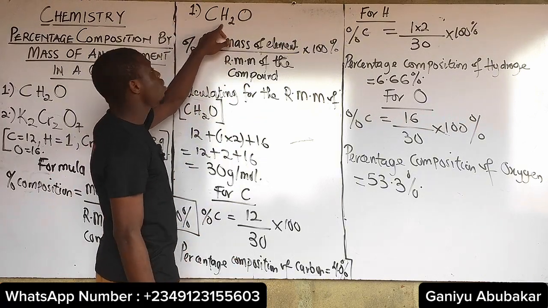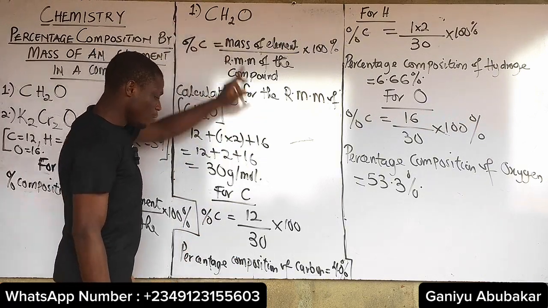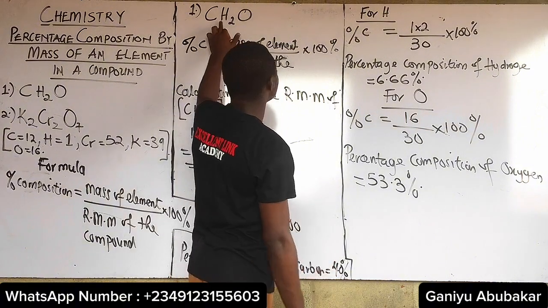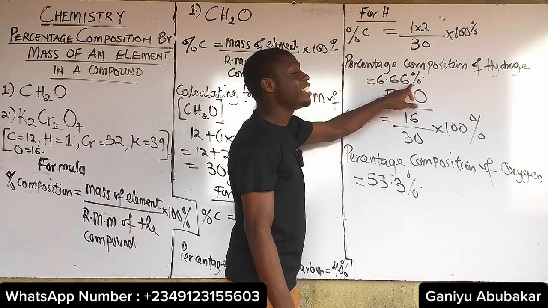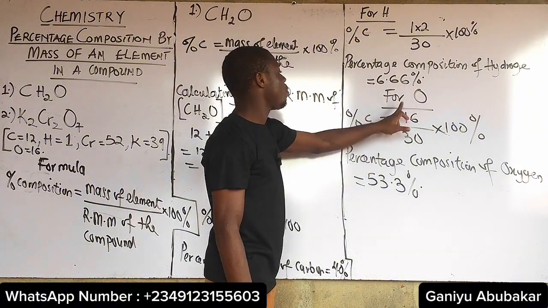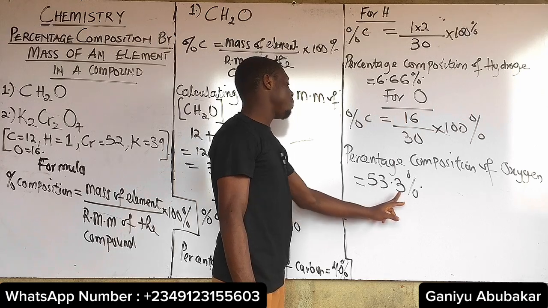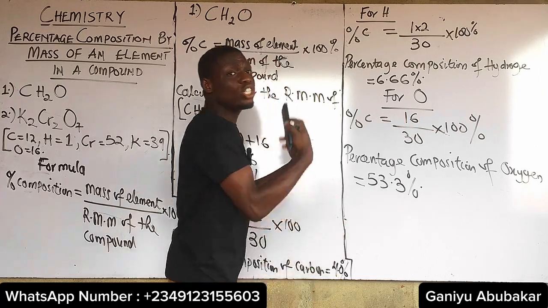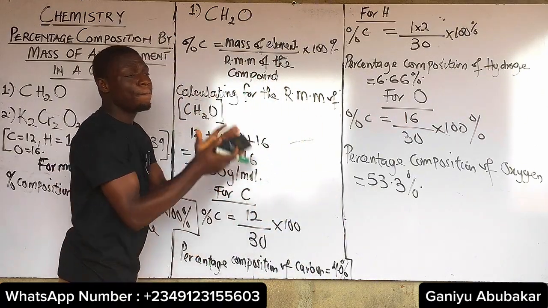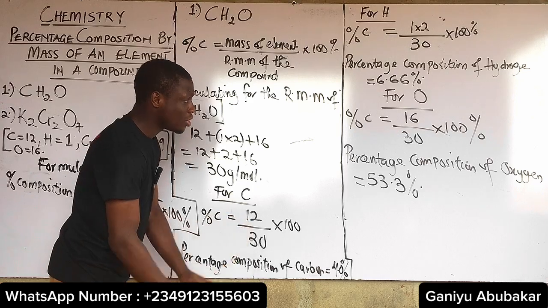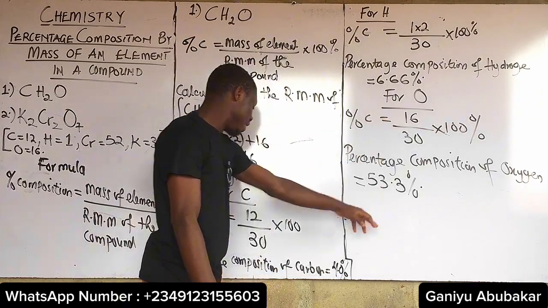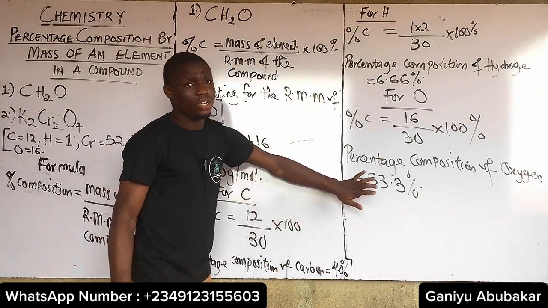That's wrong. Observe, carbon is 40%, hydrogen is 6.66%, while oxygen is 53.3%. Which one has the highest percentage composition? That's oxygen, right?